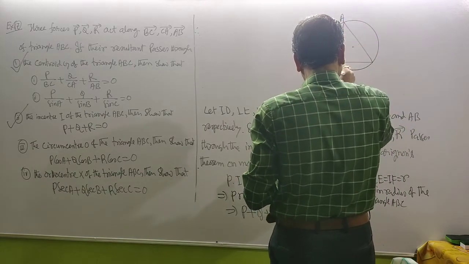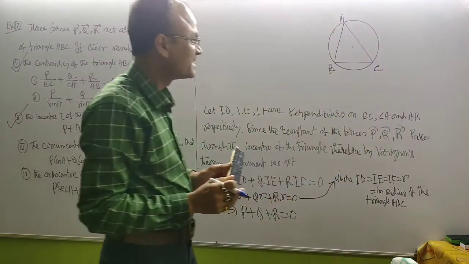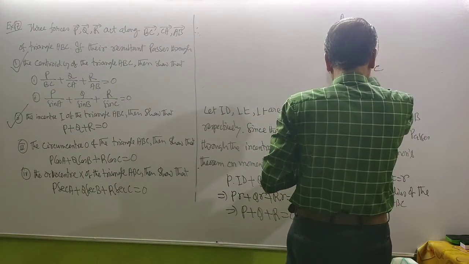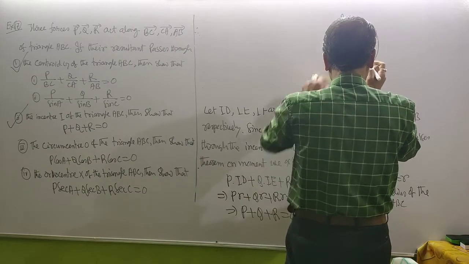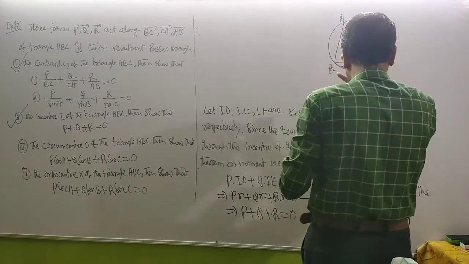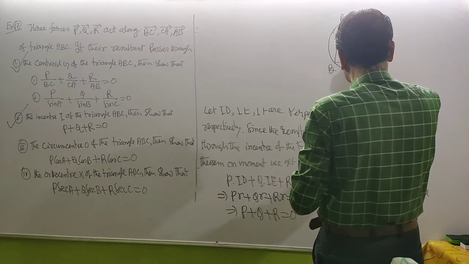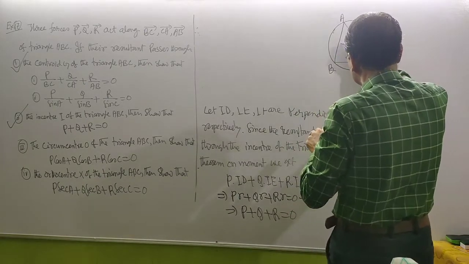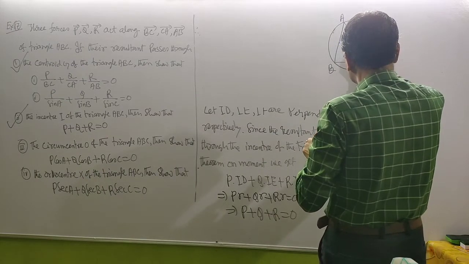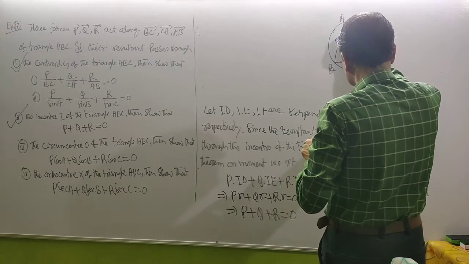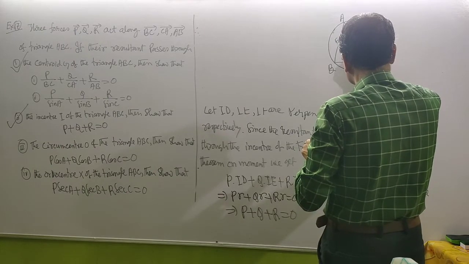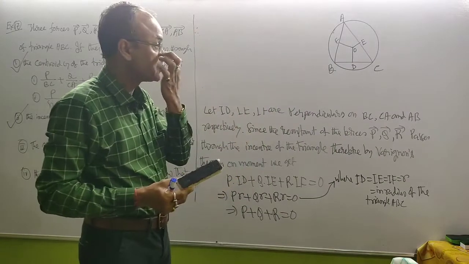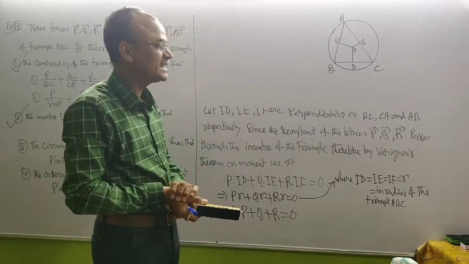Suppose ABC is the triangle. O is the circumcenter of the triangle. OD, OE, and OF are perpendiculars on BC, CA, and AB respectively.